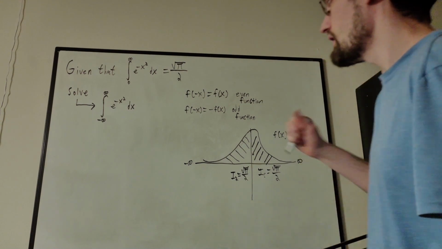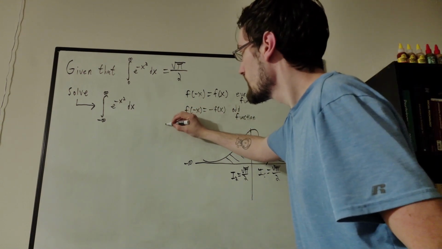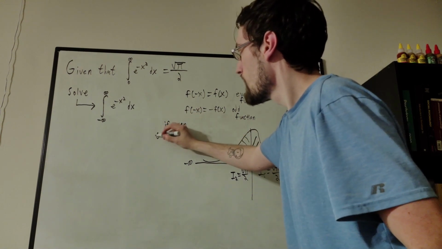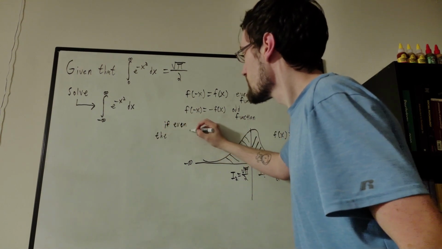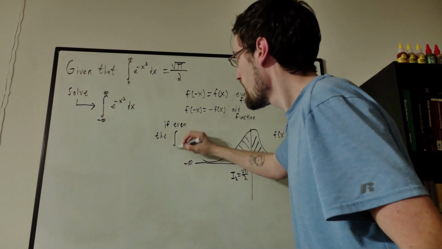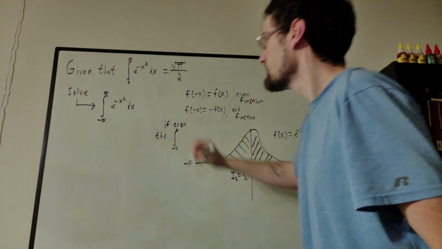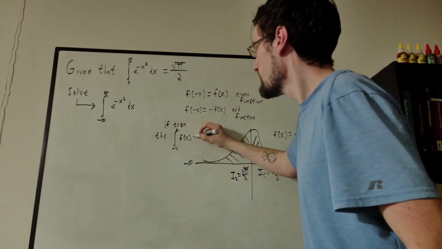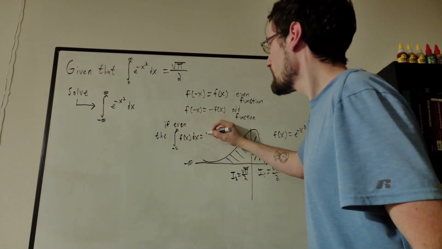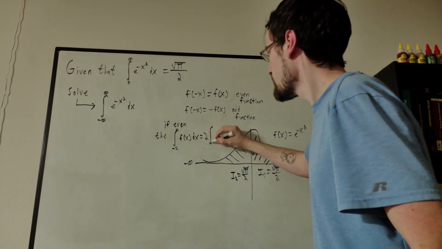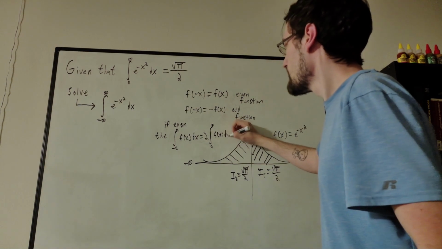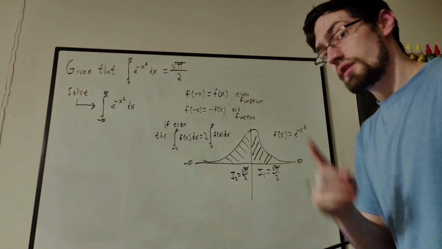So that is all to say, if we have an even function, then the integral from negative a to a of some function f of x dx is going to equal 2 times the integral from 0 to a of f of x dx.